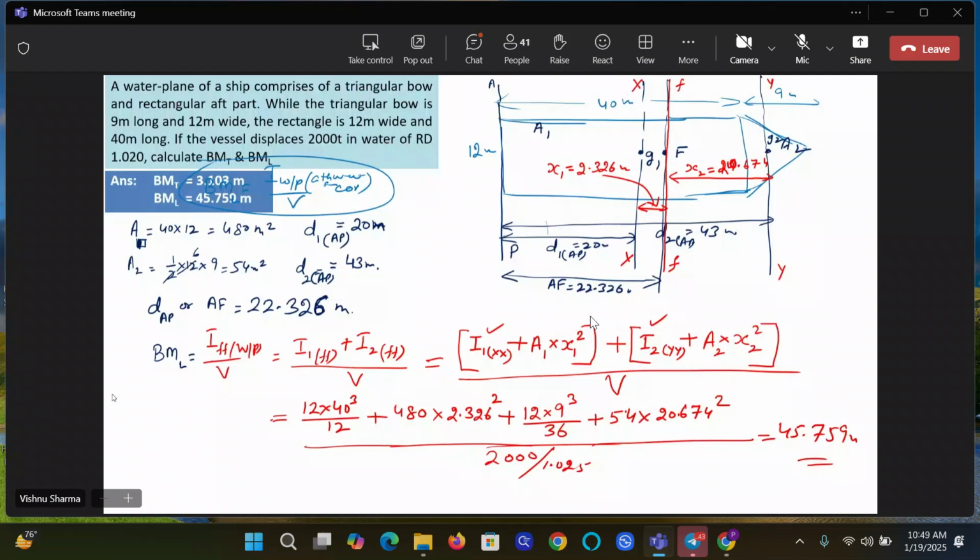Somebody was calculating. Have you done? Sir, I'm getting 45.859. No, 759 is correct, but I must have missed out something. So, what density have you used in the denominator? 1.020? Yes, sir. Okay, then this answer is correct actually. People have already validated in the class.